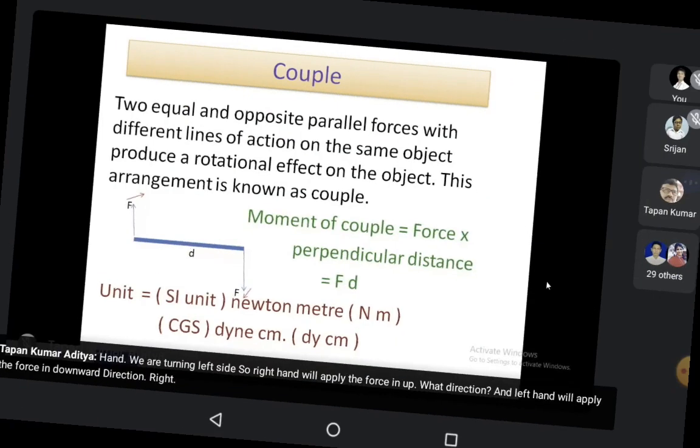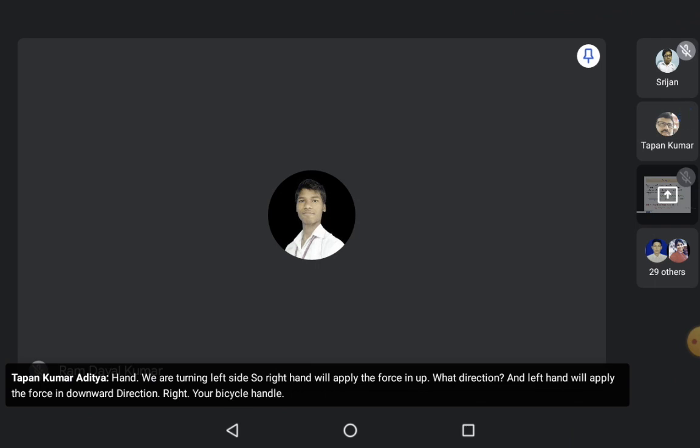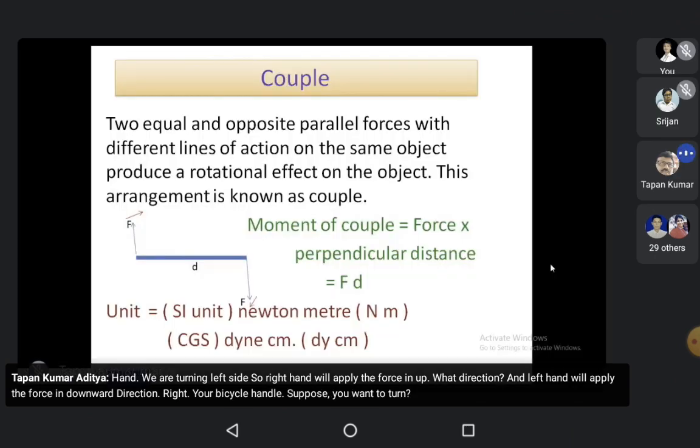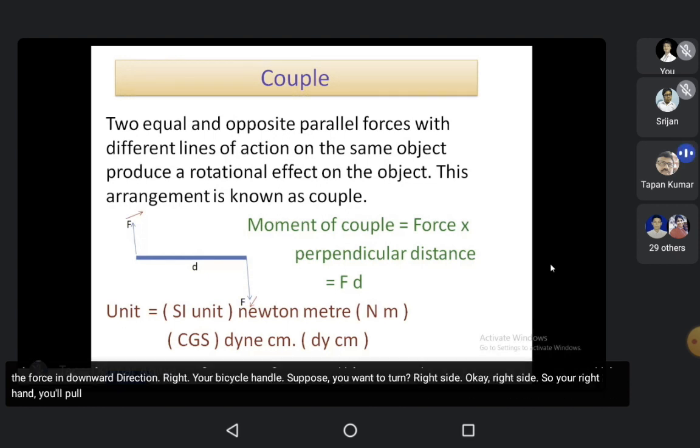Suppose you want to turn right: you pull your right hand towards you, and the left hand applies force in the opposite direction. So this is a right example.